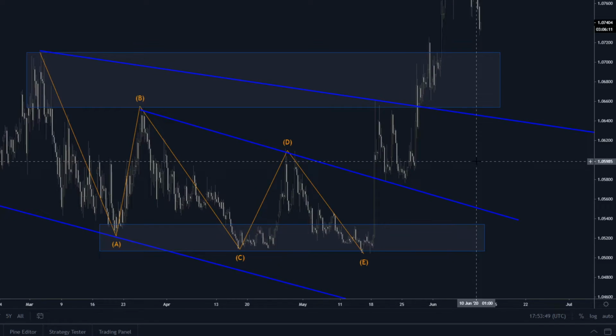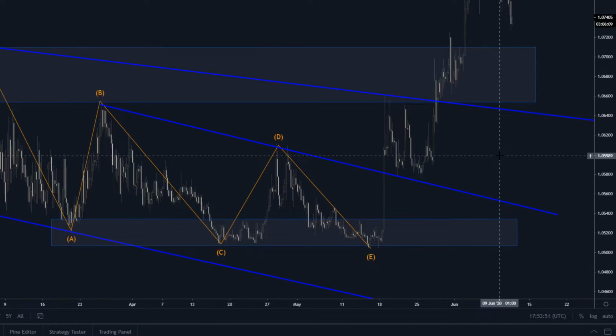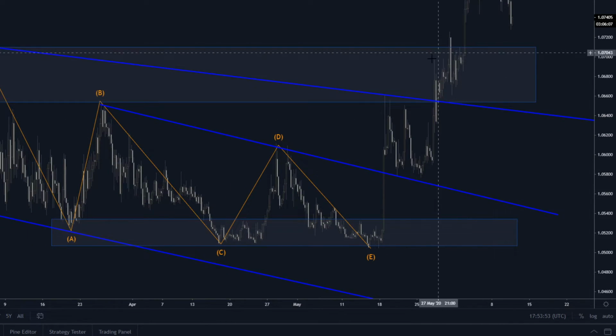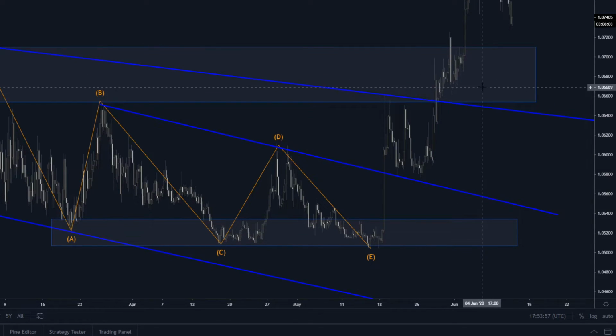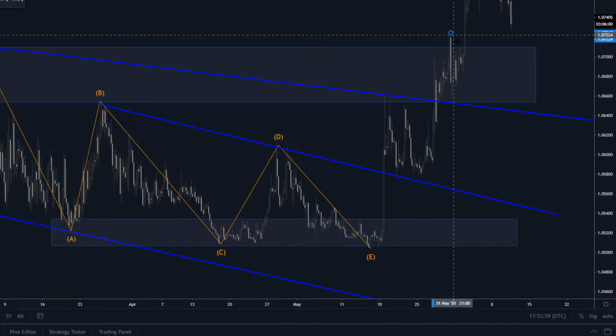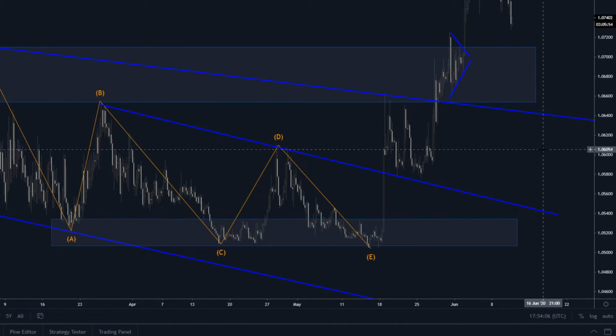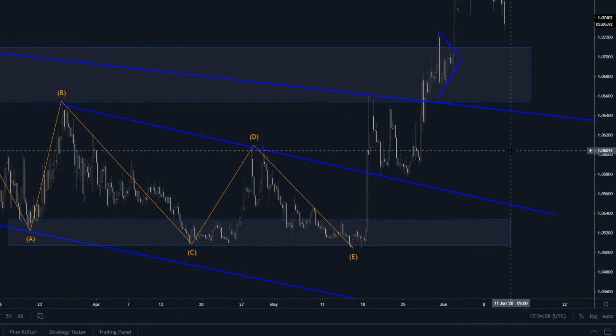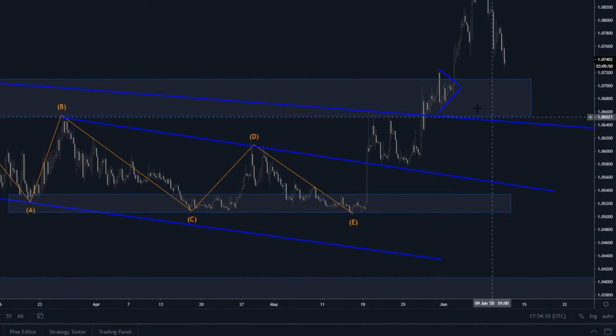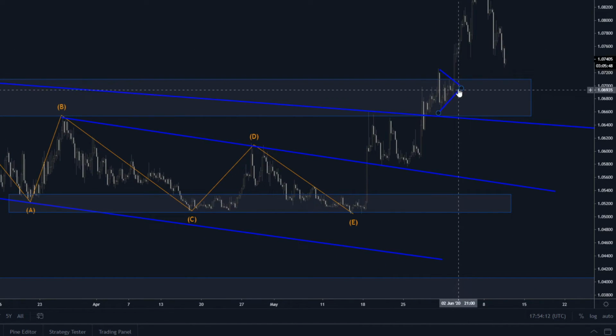And then from here, this is where you're going to see the SOS, the sign of strength, and you see this type of accumulation where you see a continuation pattern like a triangle usually, or a flag. In this case, it was a small triangle, a pennant, and from here you could have gone long again at this point on the break.